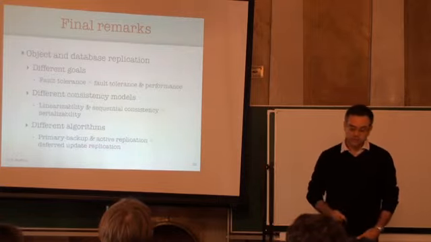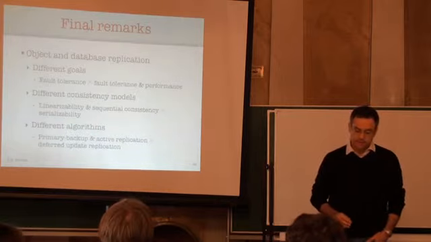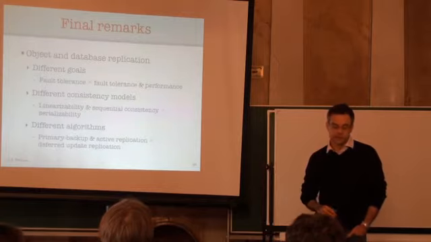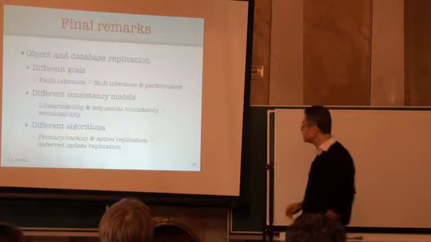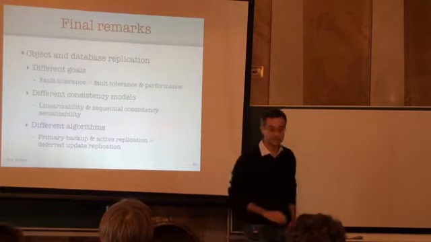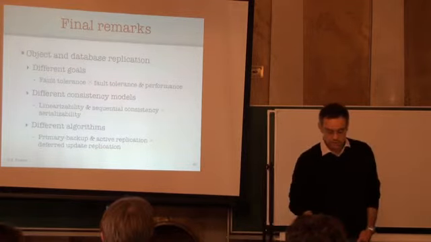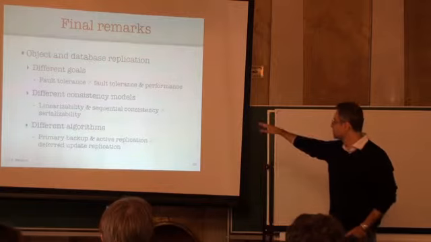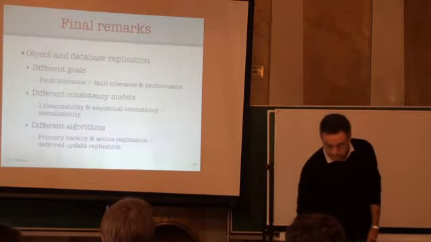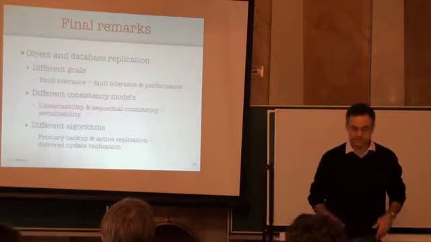And then we looked at different algorithms: primary backup and active replication, plus multi-primary passive replication for objects, and deferred update replication for databases. So you saw that the different consistency criteria and the different goals lead to different algorithms. But it's not that these are completely different worlds.